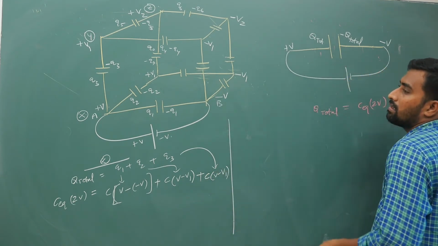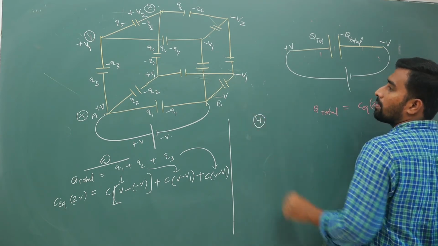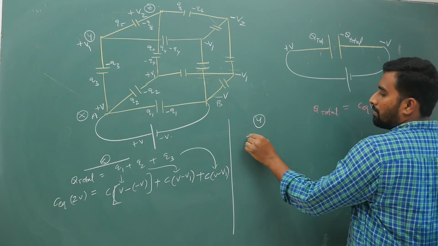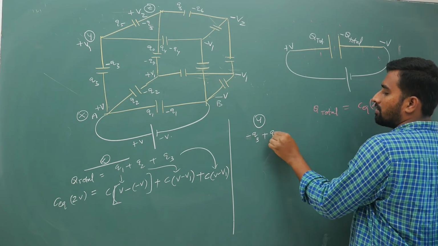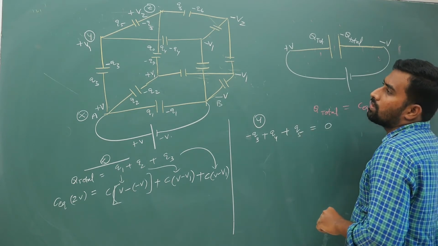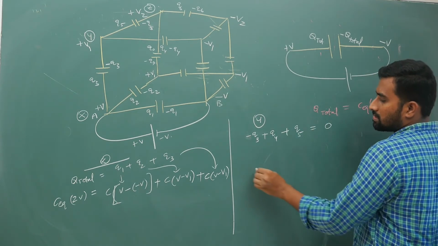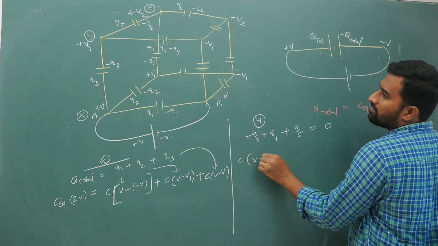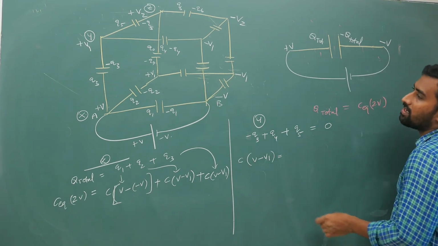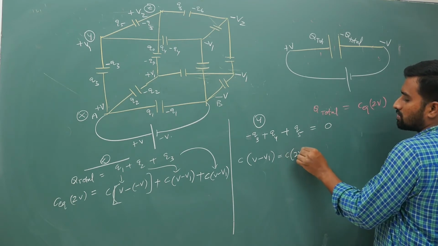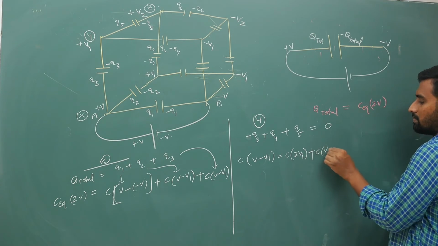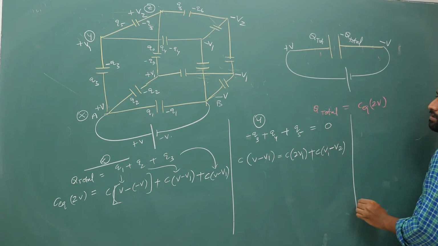Now at node Y, minus Q3 plus Q4 plus Q5 is equal to 0, so Q3, which is C times V minus V1, is equal to Q4 plus Q5, Q4 is C times 2V1 plus Q5 is C times V1 minus V2.